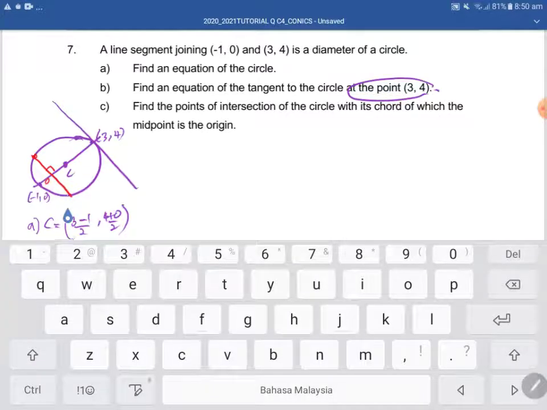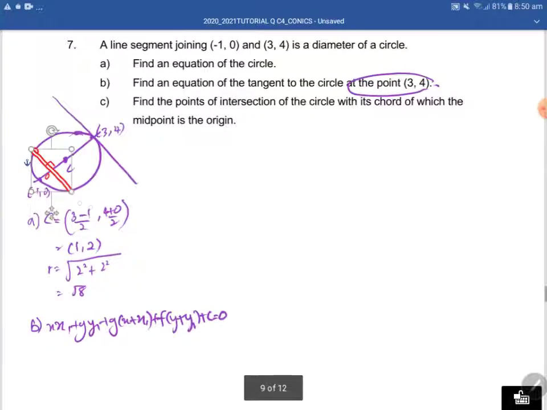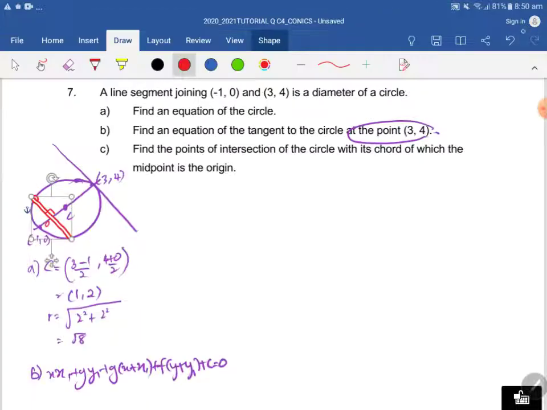So if we have the equation of the chord, it means that the gradient of the chord and the gradient of the line from the center to the origin will be perpendicular to each other.